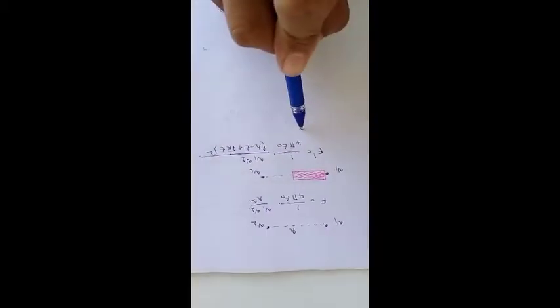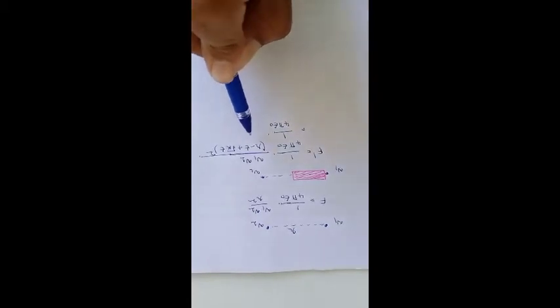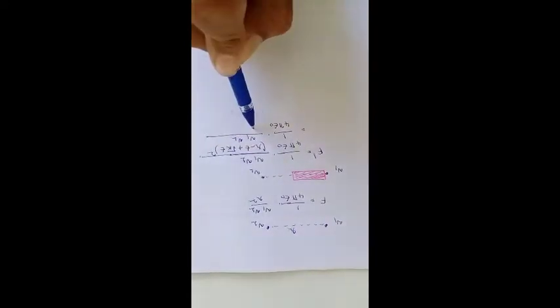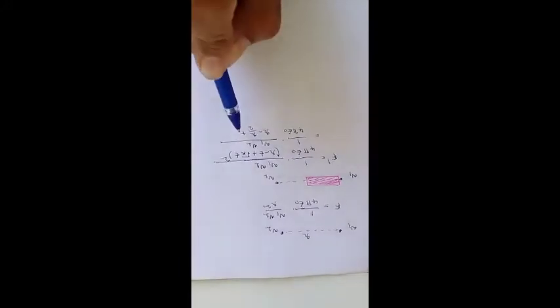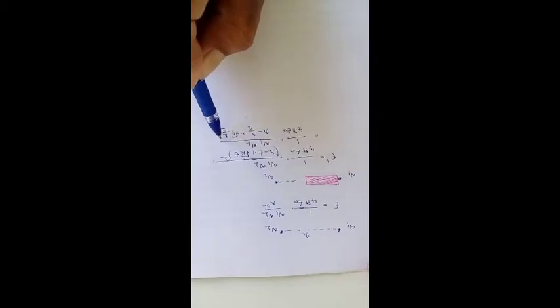So here what will happen? 1 by 4 pi epsilon naught Q1 Q2 by (R minus R by 2. So half gap is filled, so T value will be R by 2, thickness of the dielectric) plus root 4 into R by 2, whole square.